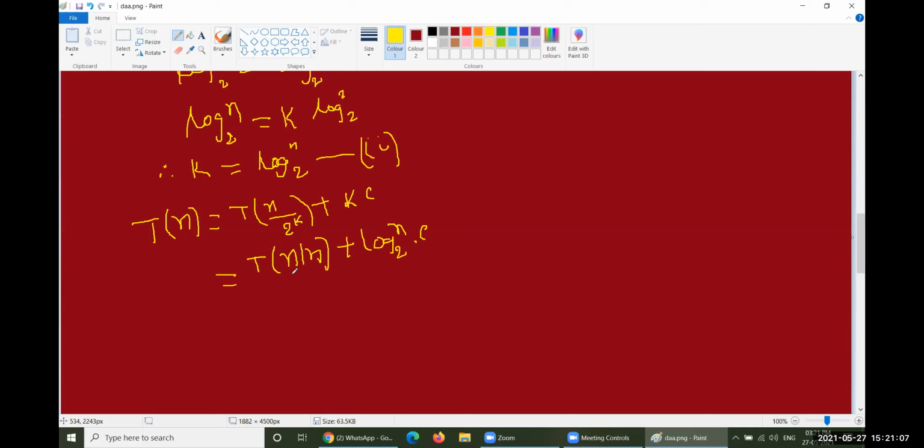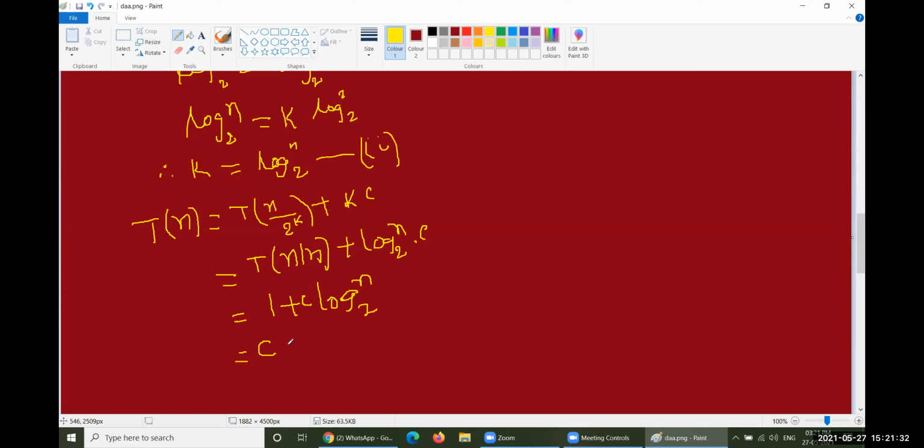T of n by n, in the sense T of 1 equal to 1. So therefore 1 plus log base 2 of n into c. I'd like to write c into log base 2 of n. When compared to c into log base 2 of n, this 1 is a very negligible value, so we have to eliminate it.